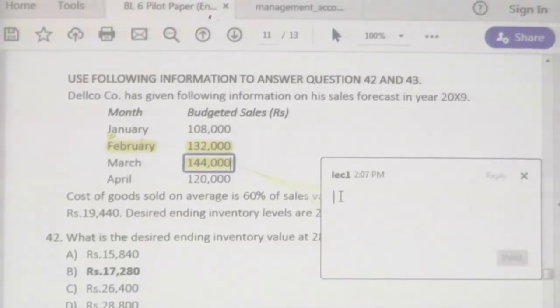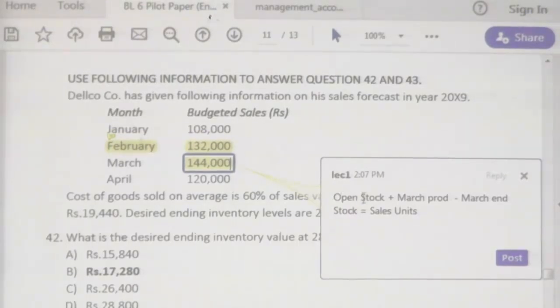open stock plus March production minus March end stock equals sales units.